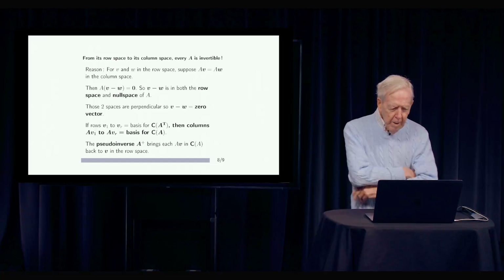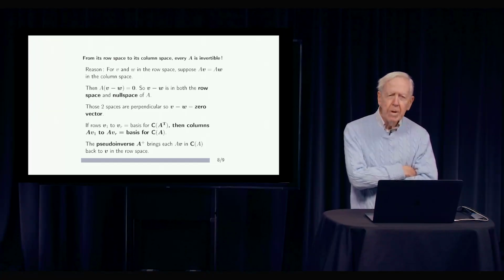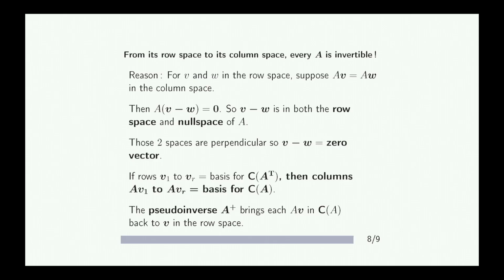Okay, now we're going to use the 4 subspaces. Everybody now knows the row space and the column space have the same dimension R. And if I take something in the row space, multiply by A, it's in the column space, of course.